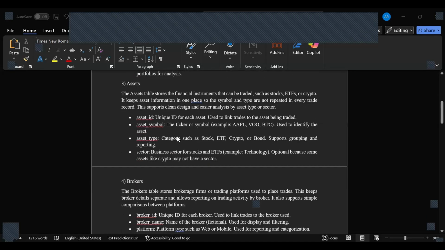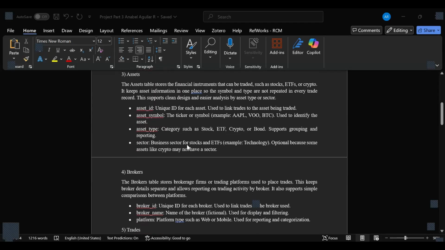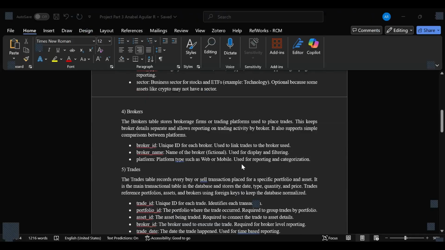And then we have our table for assets, which stores the financial instruments that can be traded, like stocks, ETFs, and crypto. Here we have the asset ID and asset symbol. For asset type, we have different categories, as I mentioned before: stock, ETF, crypto, or bond. And then the sector, meaning if I'm getting some stocks for Apple, that'll go to technology.